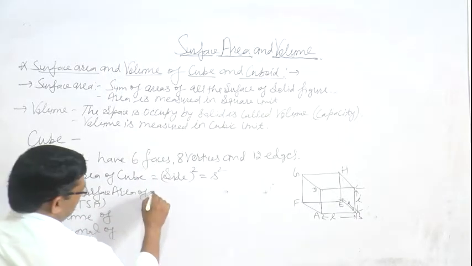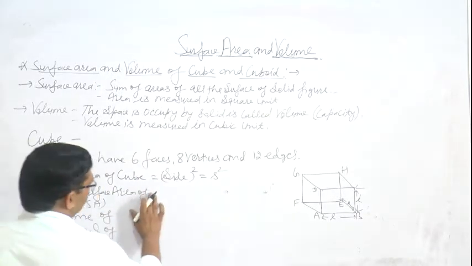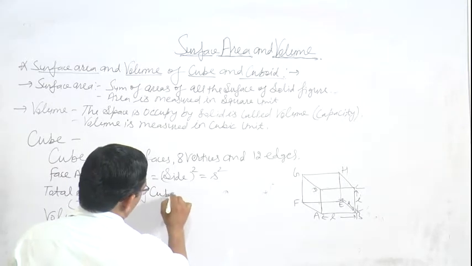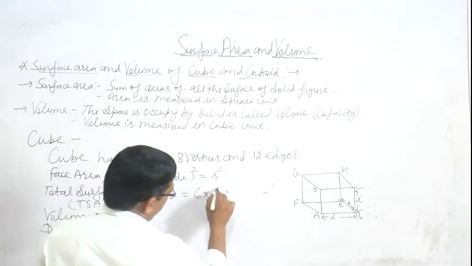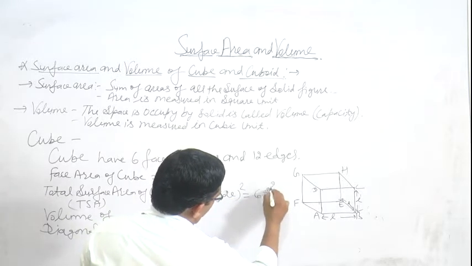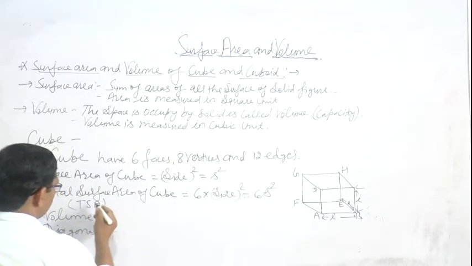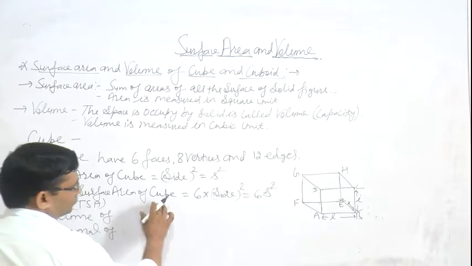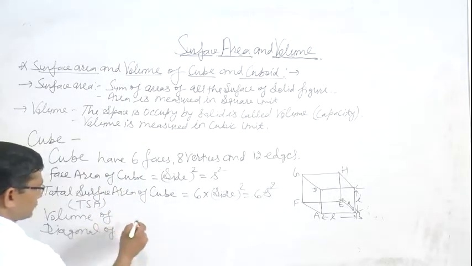Then total surface area of cube is equal to 6 multiply side square, that is 6 side square. This is also known as TSA. TSA of cube is 6 multiply side square, equal to 6s square.